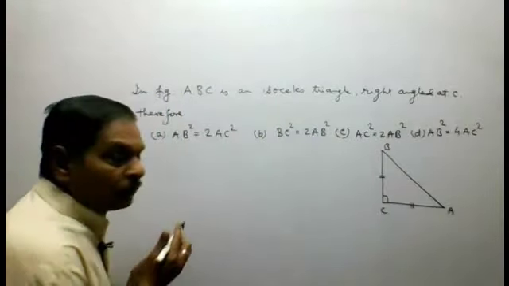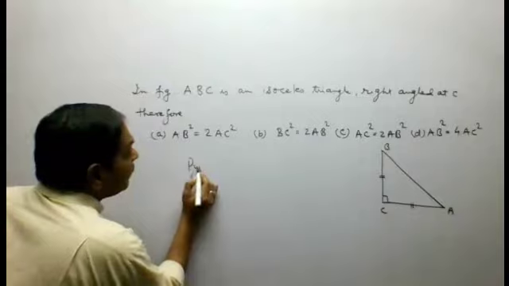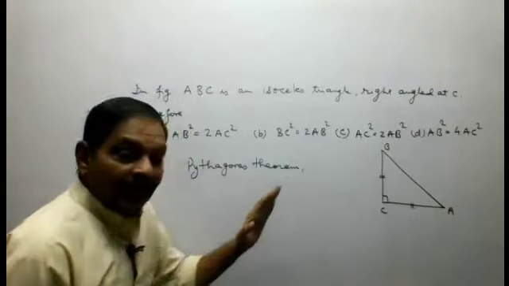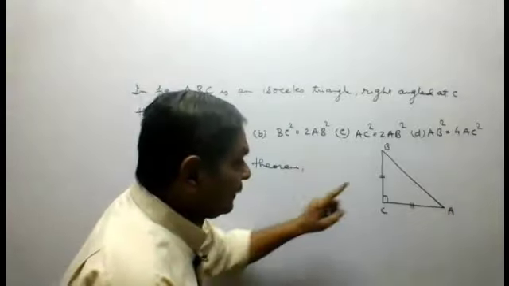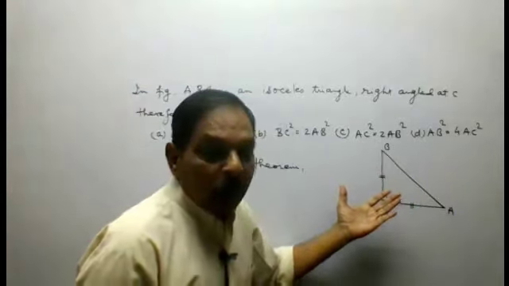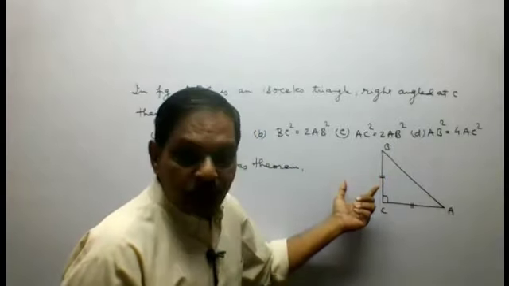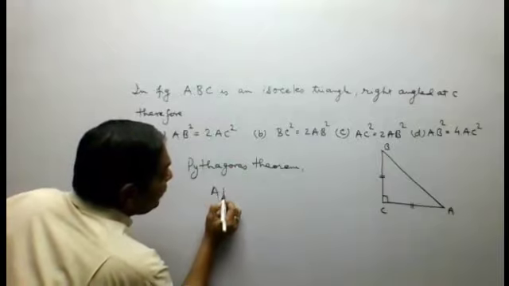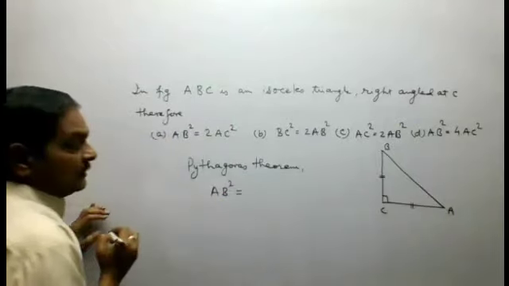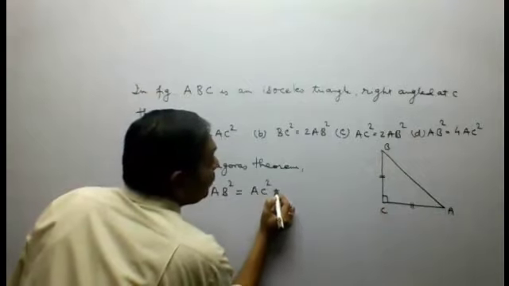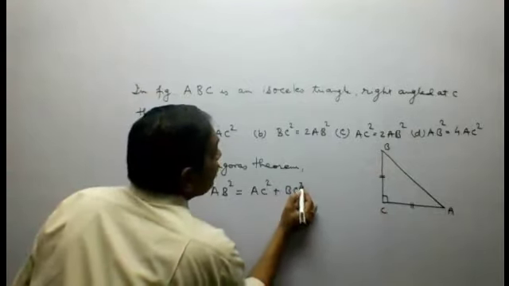Now, by Pythagoras theorem, we can write in a right angle triangle that hypotenuse square is equal to the sum of the squares of the other two sides. So AB square, which is the hypotenuse, is equal to AC square plus BC square.